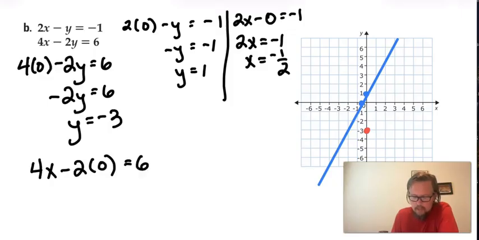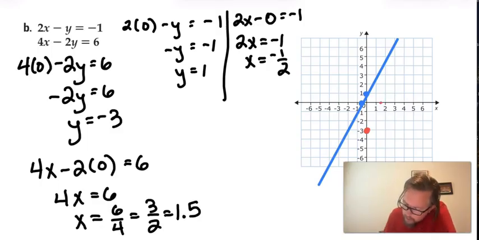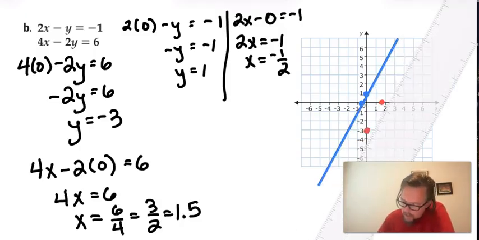Why would we not? Let's do things the easy way. So x is going to be 6/4, which of course reduces to 3/2, which is the same thing as 1 1/2. So I'm going to put my point at 1 1/2, and then we will connect the dots.